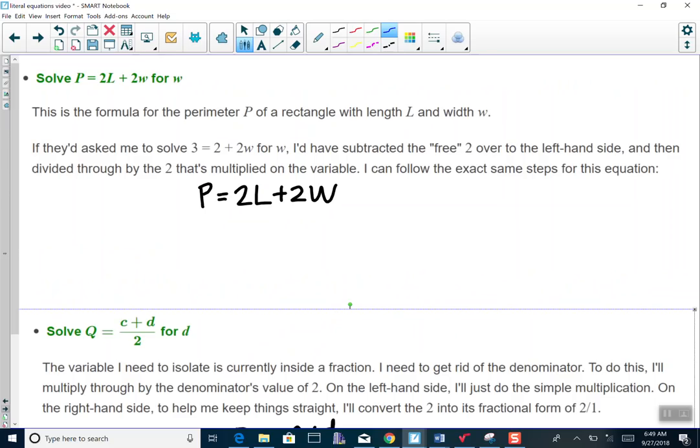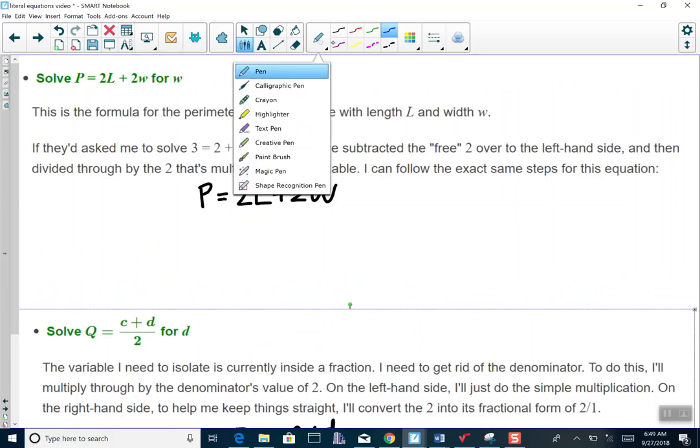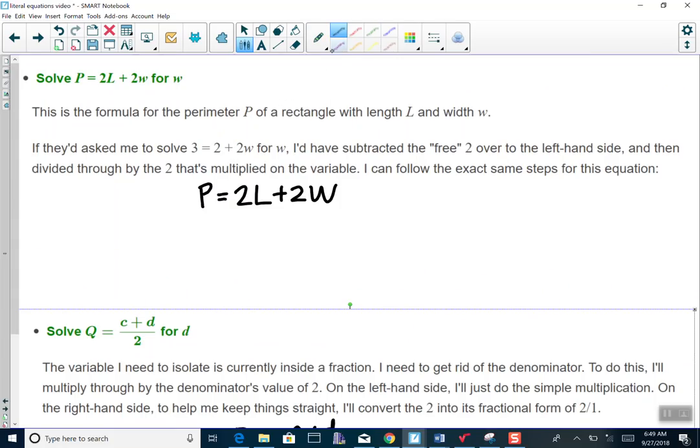Let's look at another one. So here we're given the formula P equals 2L plus 2W, which is the formula for perimeter. Okay, we are being asked to solve for W. Okay, so this one's a little bit different because there's going to be more than one step.